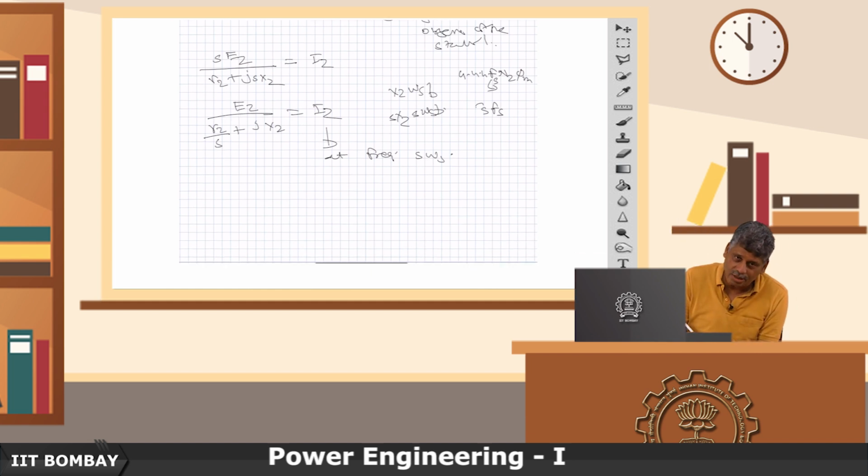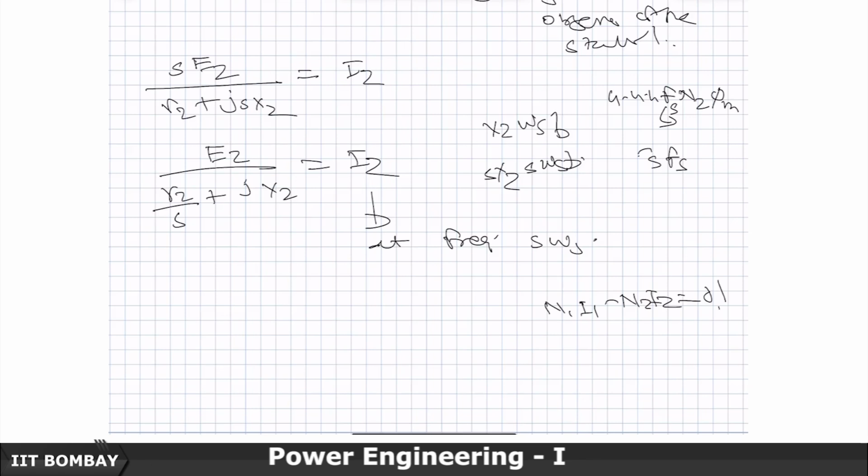Now, according to the transformer MMF balance principle, it is not exactly N1 I1 minus N2 I2 equal to 0 as we had with the ideal transformer, but something more finite, because the reactance of the air gap has come in. But this balance still has to be retained as per this relationship.